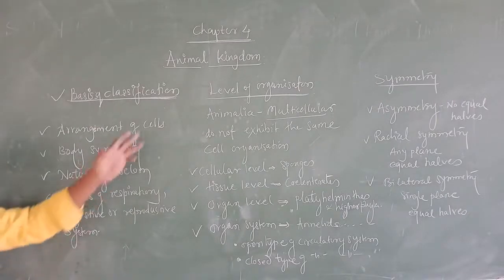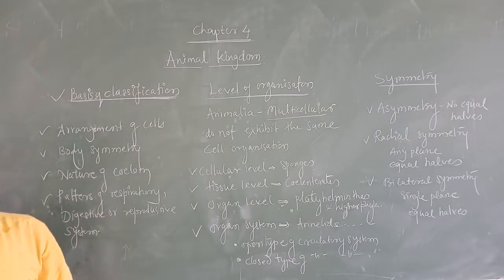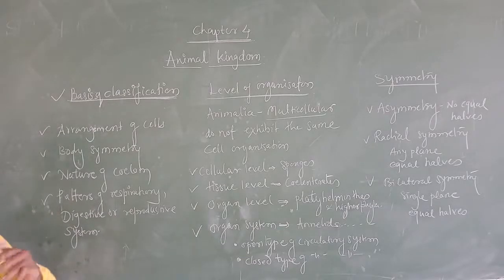Now in this chapter, in spite of different structures and forms of different organisms, we are going to study a few fundamental features which are common in various organisms, and based on that we are going to classify them.